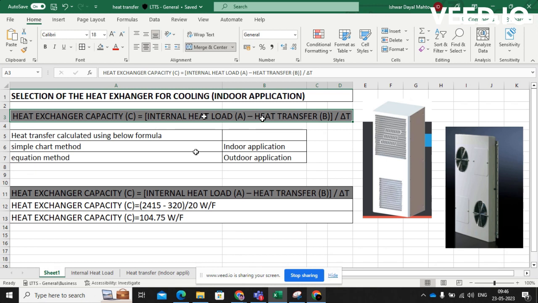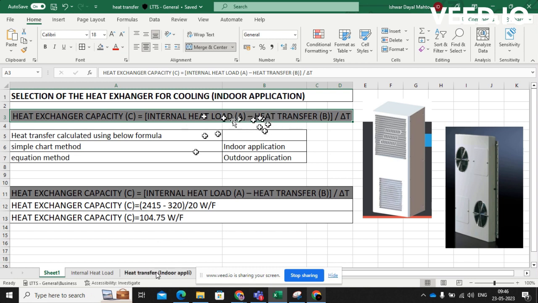Here in heat exchanger selection, since this heat transfer is happening with the surrounding, that is why we have subtracted it from the internal load. If it were an air conditioned system, then this heat transfer load would be added in the whole term. So that is why the heat transfer is automatically happening and that is why we have subtracted it here.